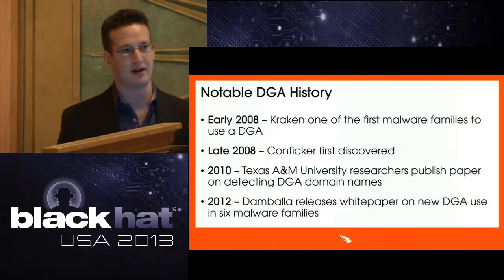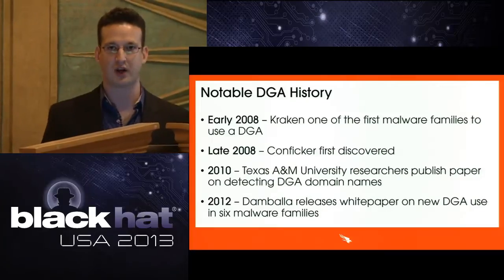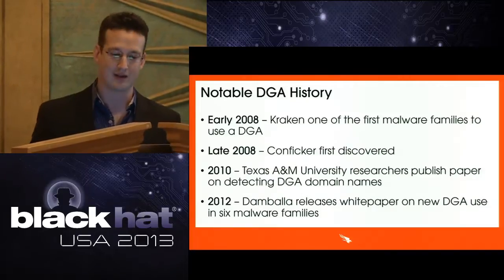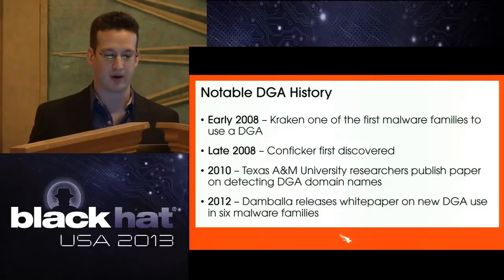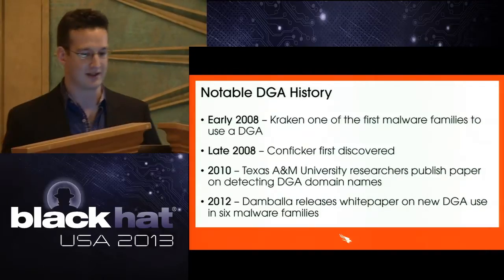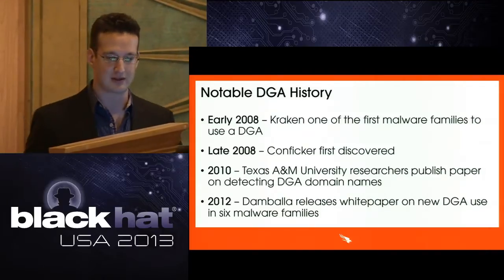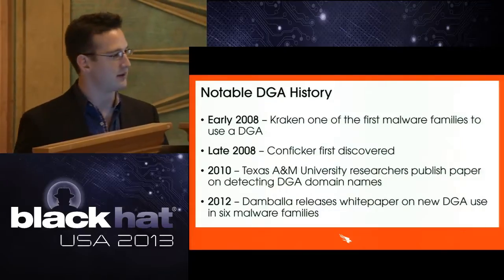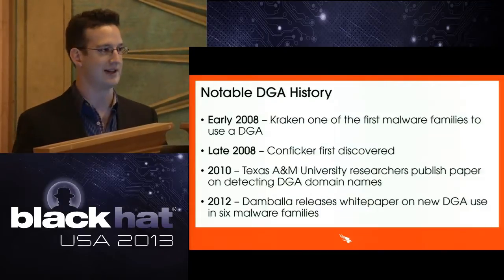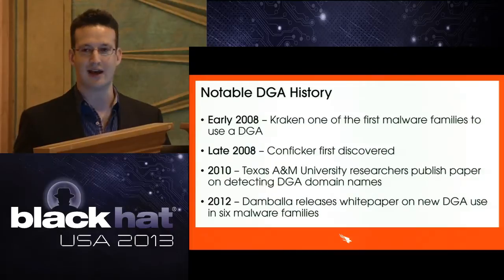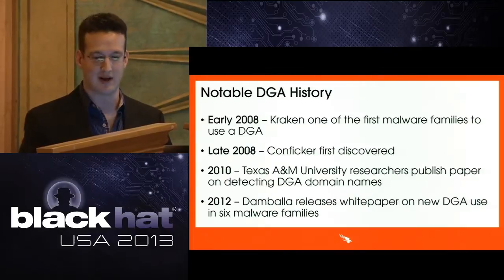In 2010, academia started to do some research on this and published a white paper. And last year, Damballa released a white paper on 6 malware families that use DGAs. But today I'm here to talk with you about a new malware family, a unique one, and the end-to-end analysis that we did on it.